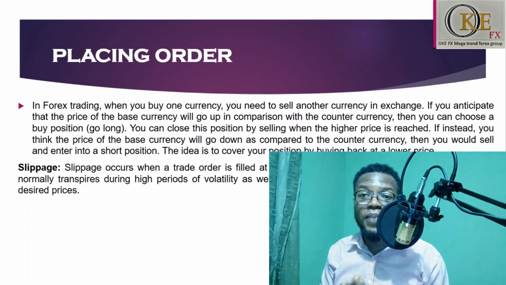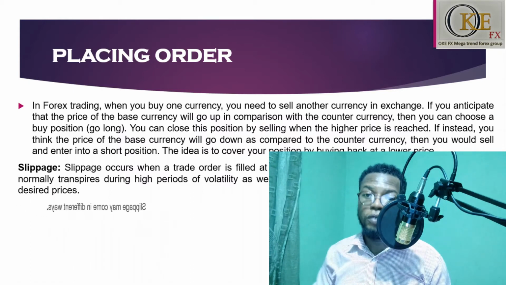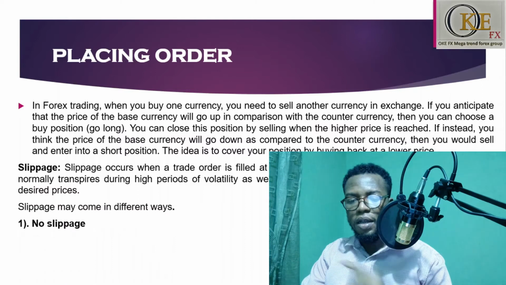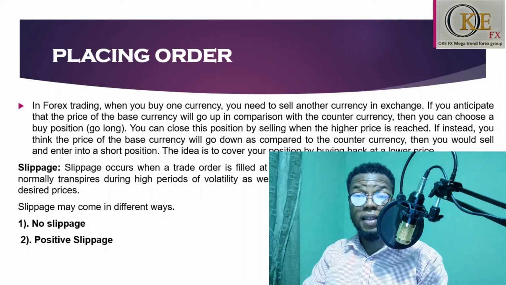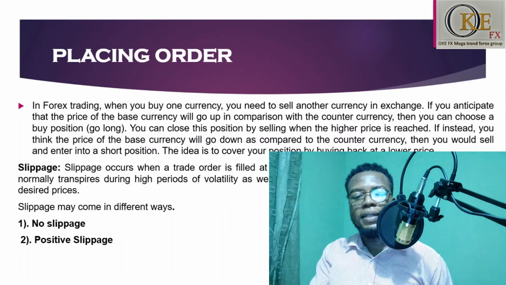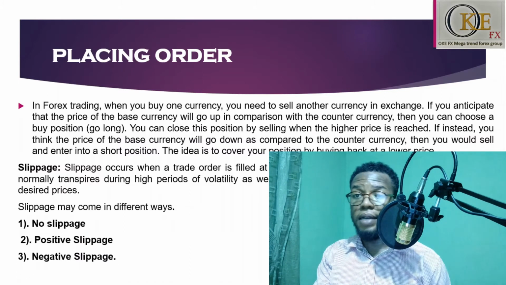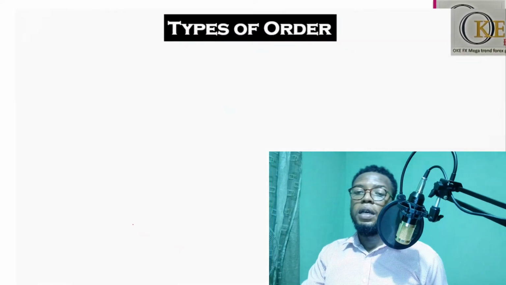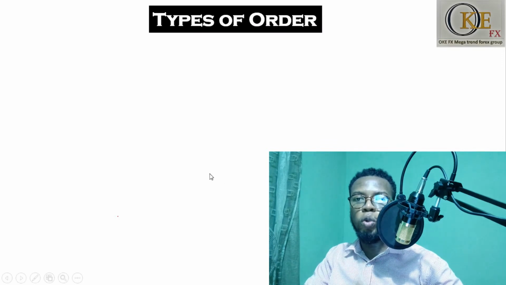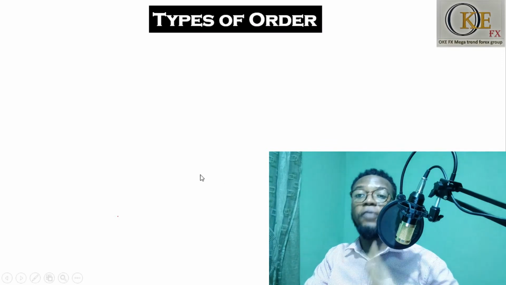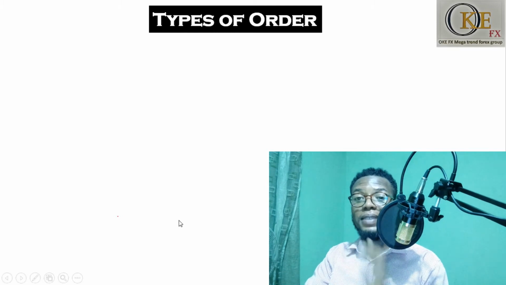Then the negative slippage is not in your favor. So, like I said, no slippage, positive slippage, negative slippage. Okay, let me now jump into the MetaTrader 4 to show you how exactly slippages work.